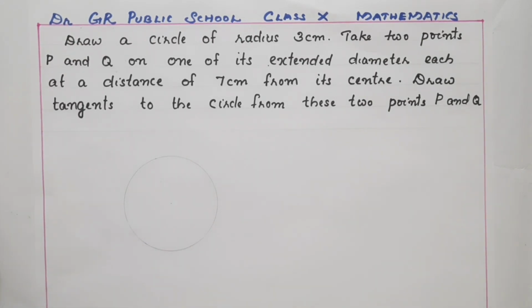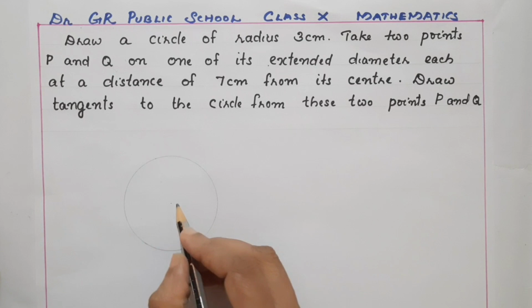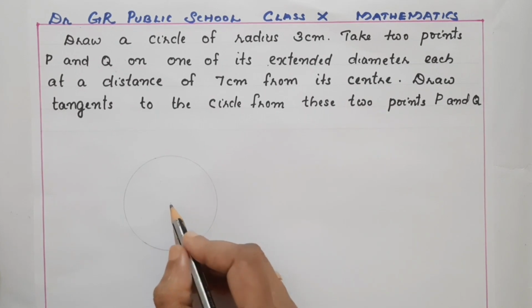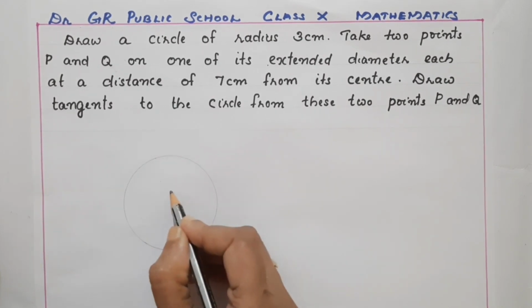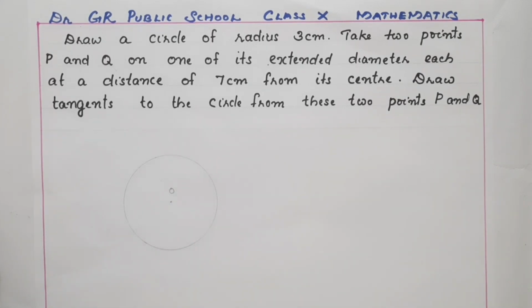So mark the center. The center is O. Then what is asked? We have to draw a diameter and we have to extend the diameter to 7 cm to mark P. This side also we have to take 7 cm to mark Q.